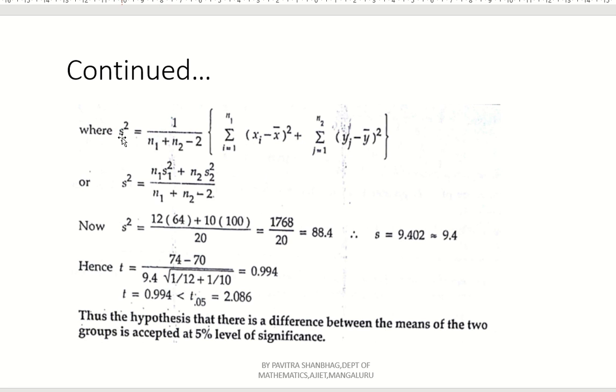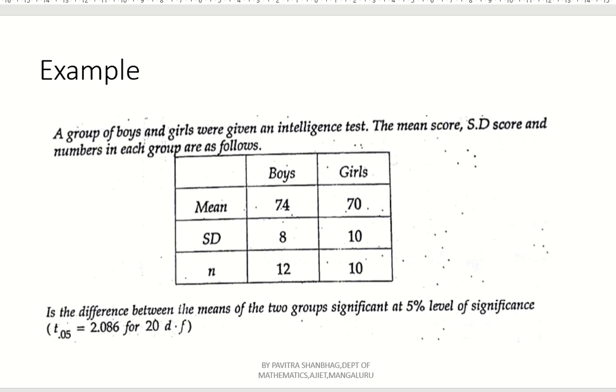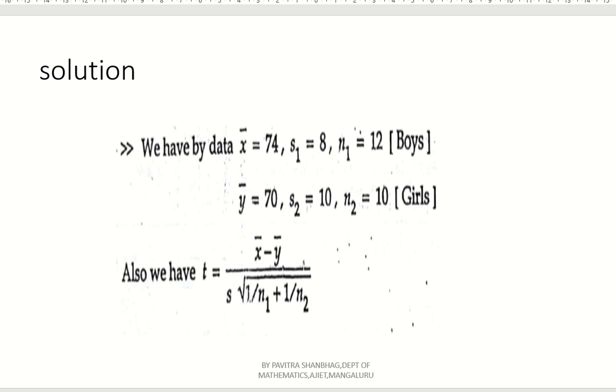Simplify this, what will you get? Now before that, what is S? How to find S? Before finding S, you need to find S square. What is S square for two different data sets? The variance for two different data sets is n1 s1 square plus n2 s2 square divided by n1 plus n2 minus 2. It is already given n1 is 12, and s1 is given as 8, so you can apply directly 8 square.